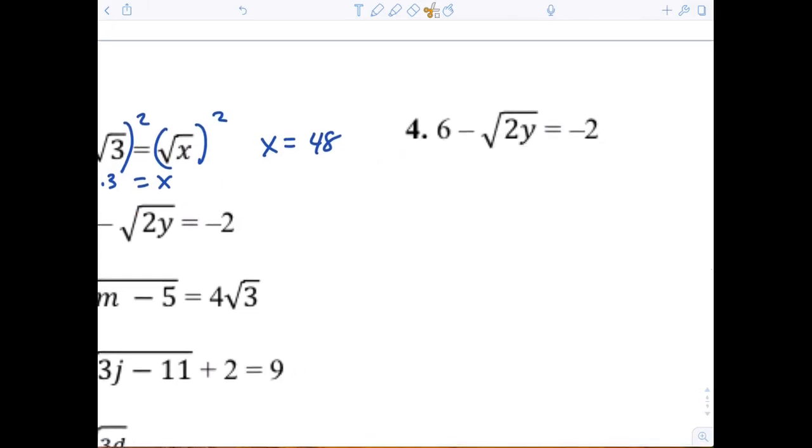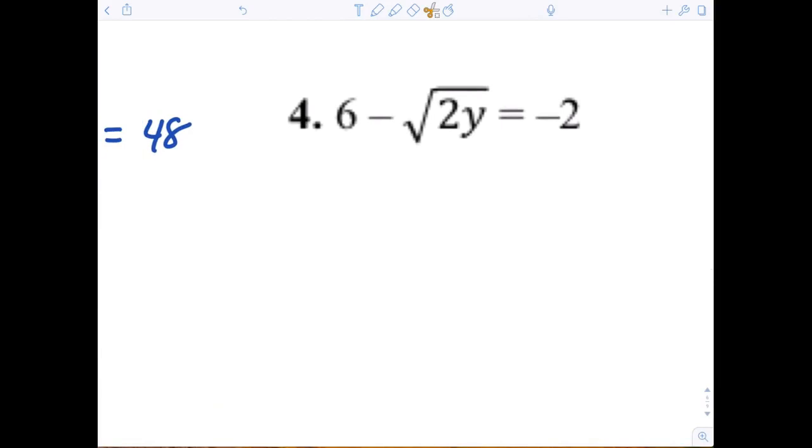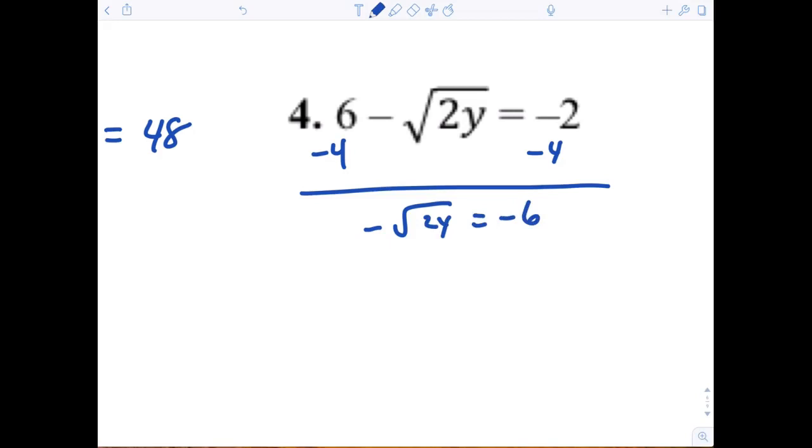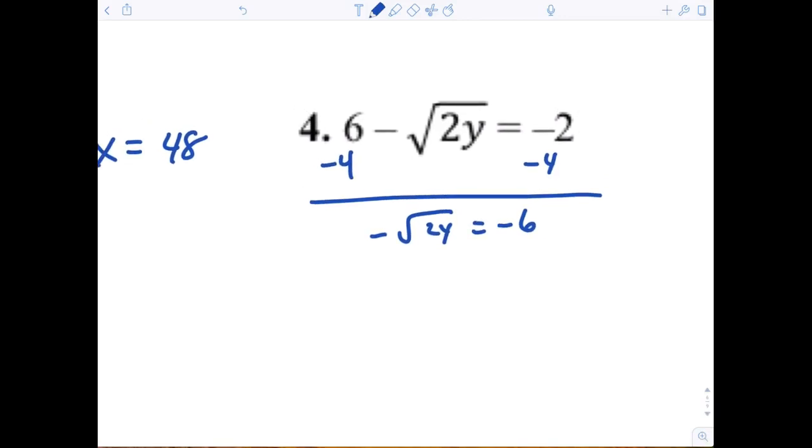All right, now remember you have to isolate the radical. So to isolate the radical, I have to subtract 4 from both sides. Negative radical 2y is equal to -6. Everybody agree with that? Thank you, Smarty Pants. So negative square root 2y equals what? Yeah, -8.